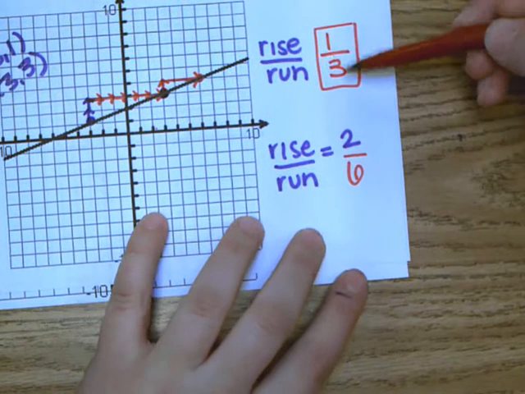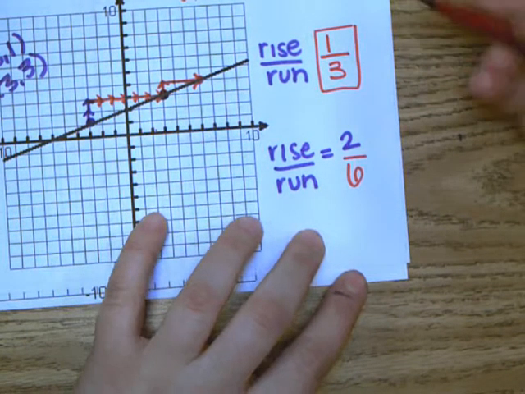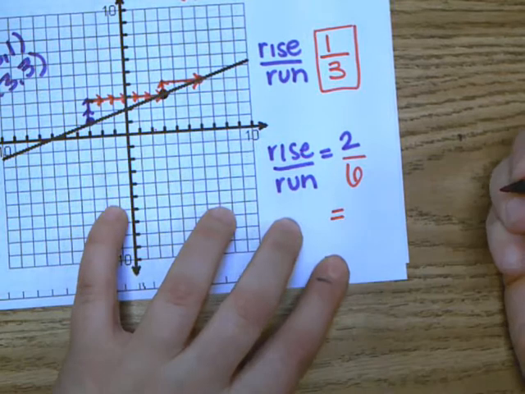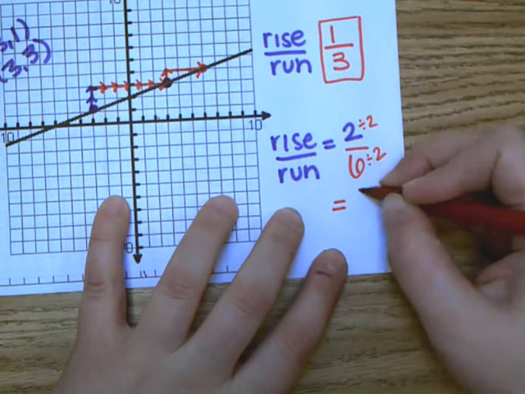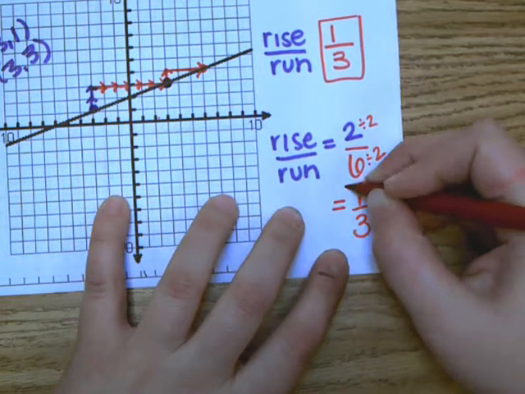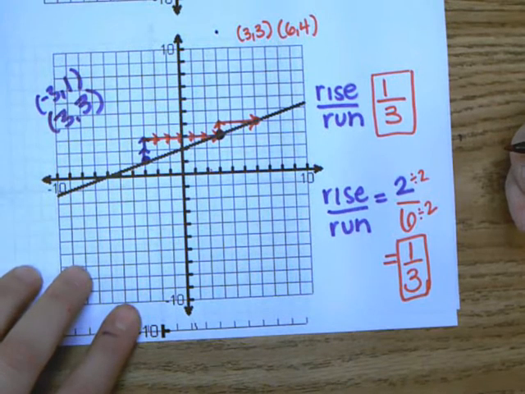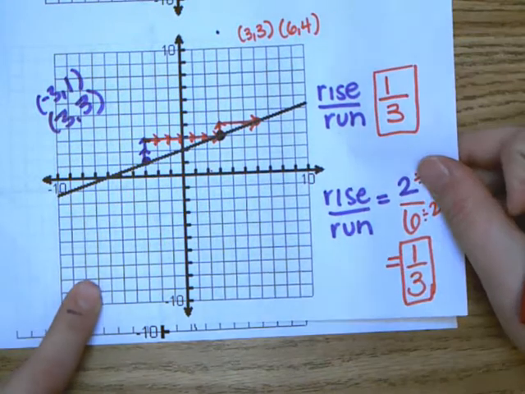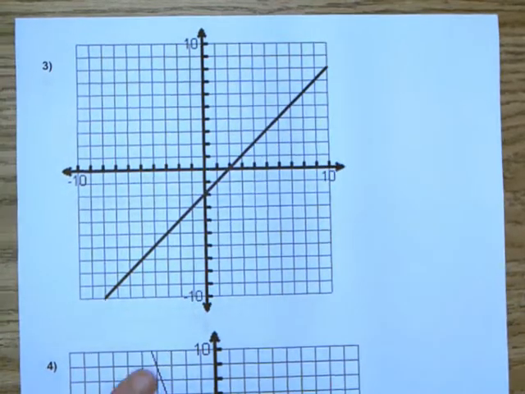I had to run 6. Now it's still positive, even when I pick those 2 points, it's still going up from left to right. But here we get 1 and a 3, here we get 2 and a 6, but they are the same because we are always going to leave our answers simplified. So if we divide both of these by 2, our slope is still 1/3, even though I picked two different points on the line.